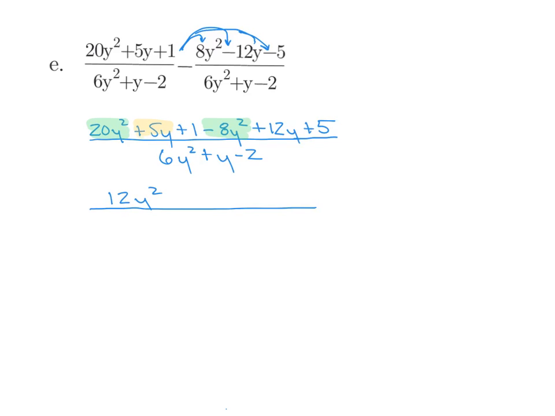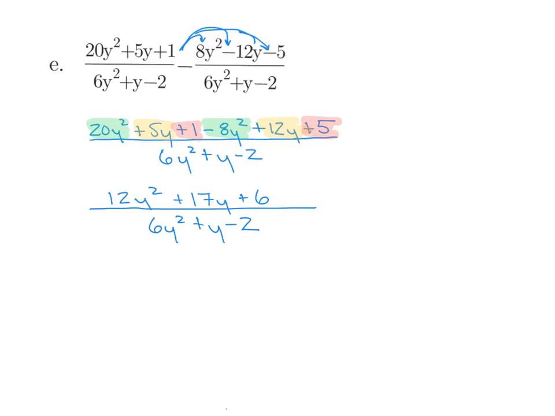We have 5y and 12y combined to give me 17y. And then we also have 1 and 5 combine to give me plus 6. Our denominator stays the same.